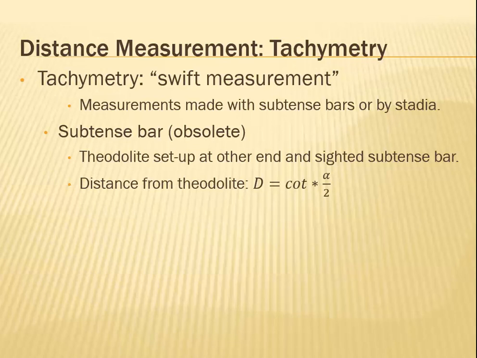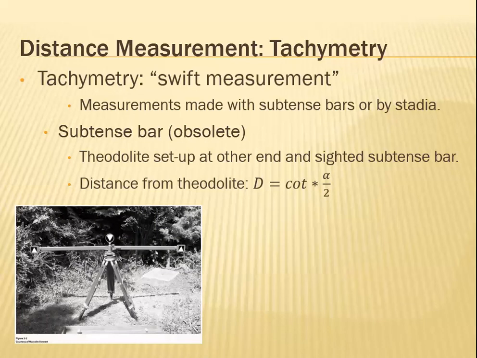One is with a subtense bar, and another one is stadia. So subtense bar is actually obsolete, but it was done using a theodolite. Now I know that you may not know what a theodolite is at this point. We're going to talk about theodolites plenty in the future, but just know that it's something that has this scope, and you can sight things, and it'll let you make readings.